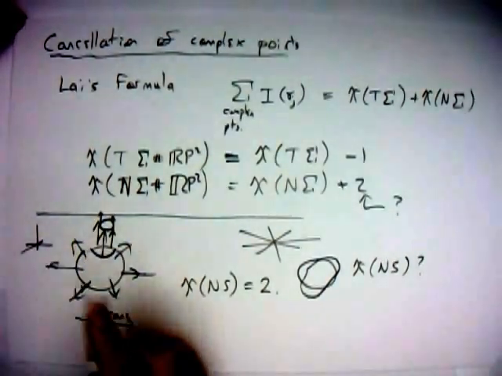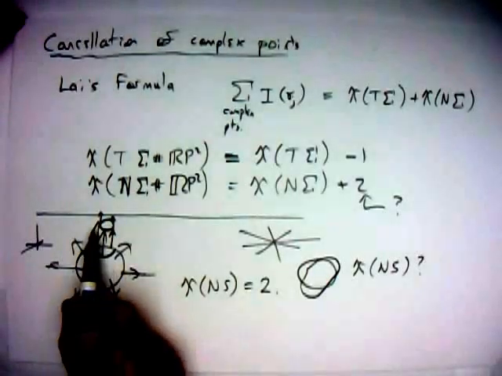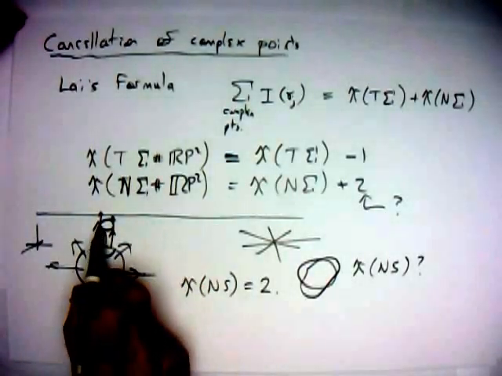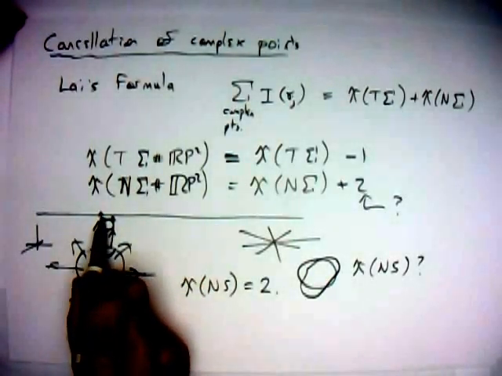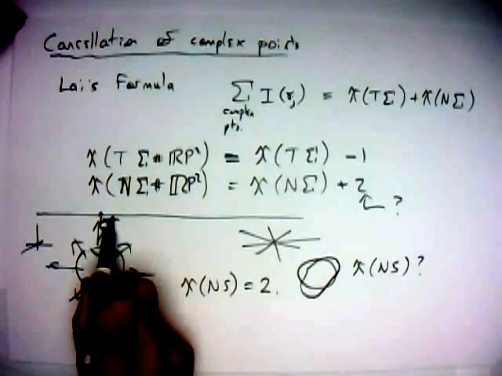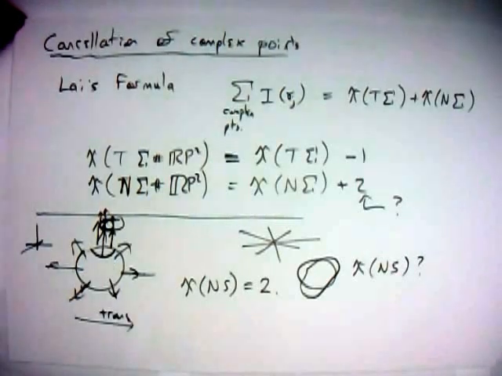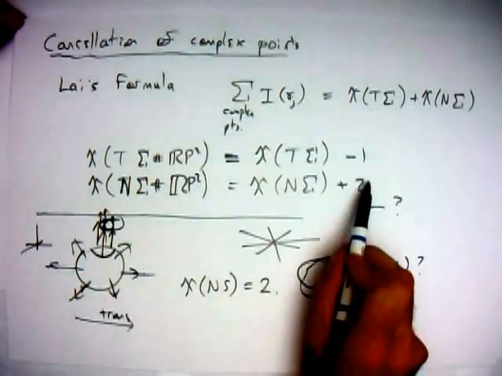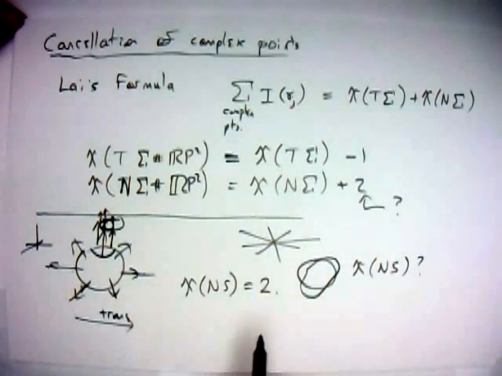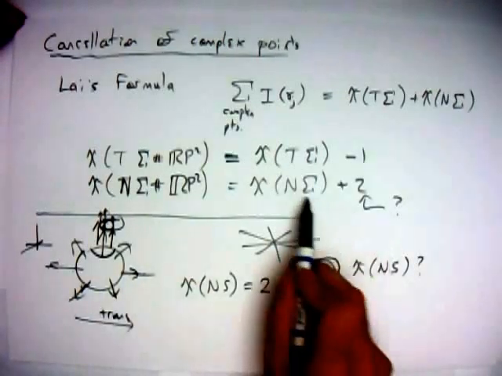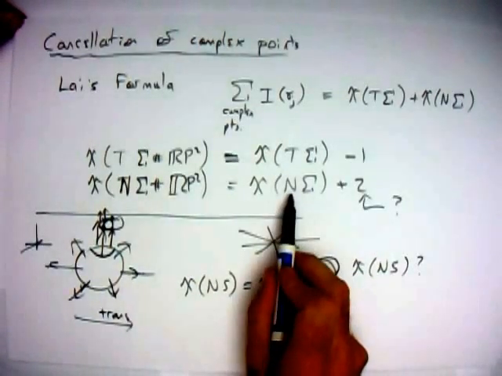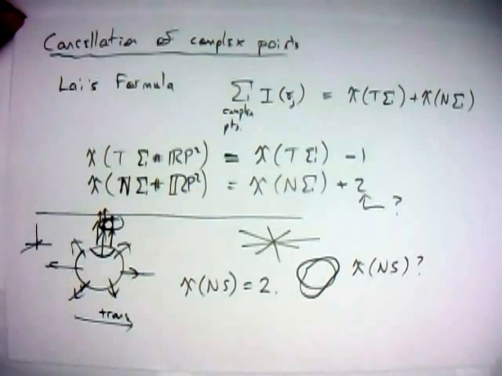Now if you do the same thing, you still retain those 2 intersection points, but in moving the circle off itself, of course, it's going to catch in 2 points. If you were to move it a little bit, the lines, the rulings will intersect in 2 more points. So what you end up with is an addition of 2 in the self-intersection, or equivalently an addition of 2 to the Euler number of the normal bundle.